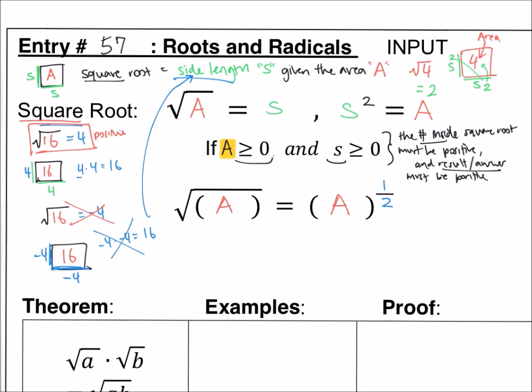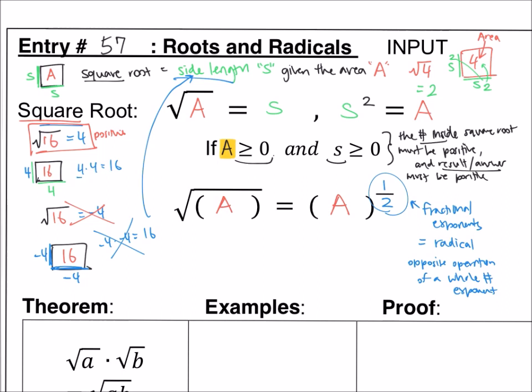Writing something to the half, or a third, or a quarter power, a fractional exponent, means radicals, or the opposite: you cancel out the operation of a whole number exponent.